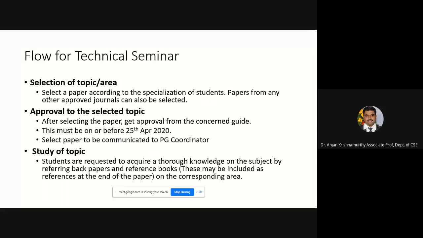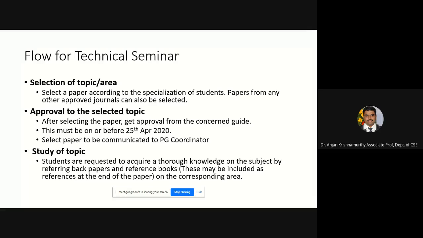Now, once you have selected a particular topic and a paper, the second part of the story begins, right? This is a place where you are trying to do the study of the topic. So this is a place where you are trying to acquire in-depth knowledge of the paper that you have chosen by exploring the references associated with that paper, which broadens your study of it, right?